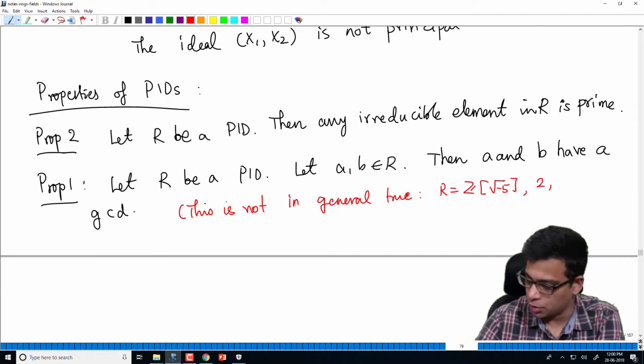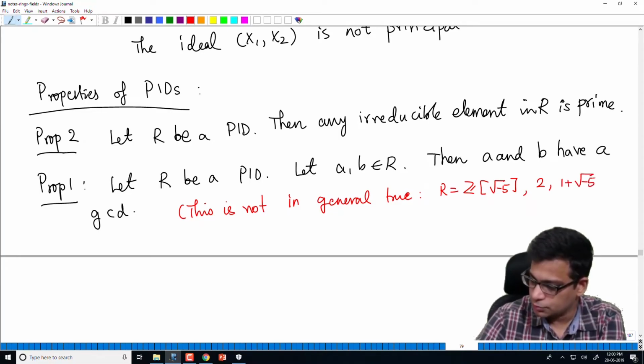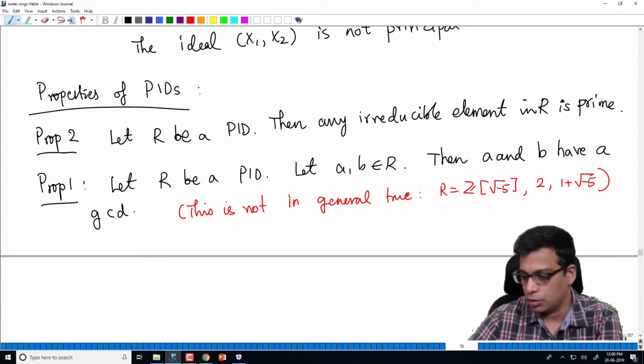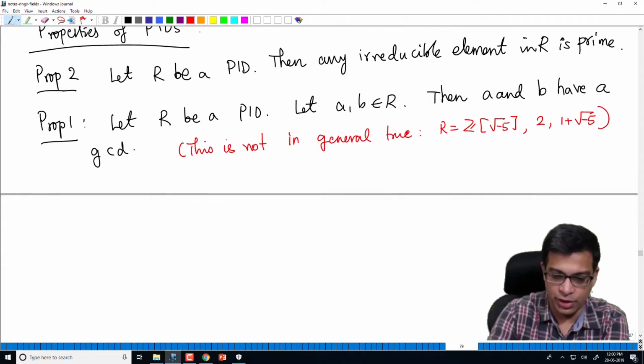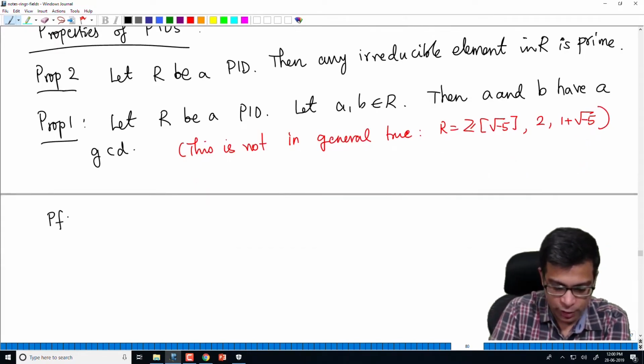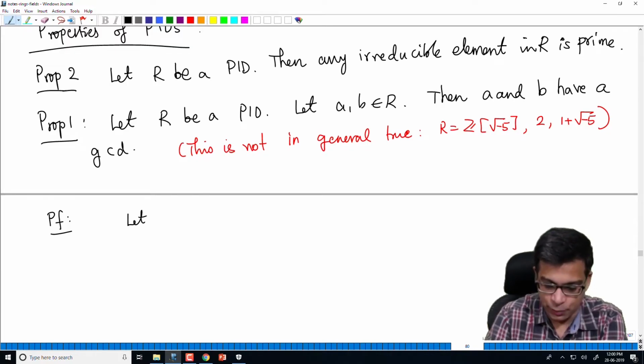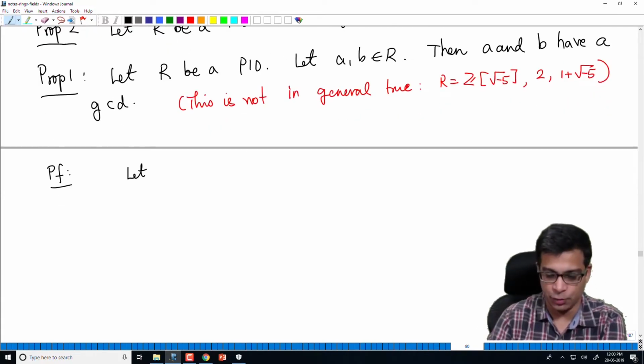So you take these two elements, they are both elements of the ring R, they are not units, and they have no greatest common divisor. However, in the case of PIDs, any two elements have a GCD. And why is that? It's very simple. Both propositions are in fact very easy to prove.